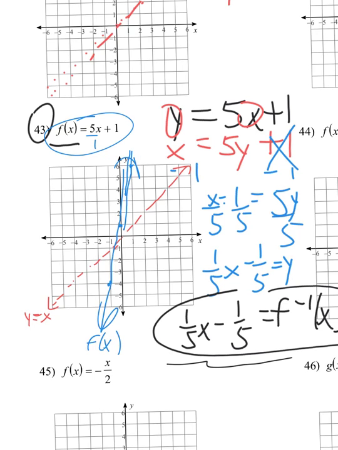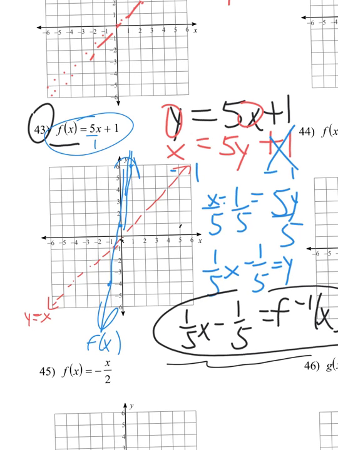And now we have 1/5 x. Our inverse function is 1/5 x minus 1/5. So it's at negative 1/5. So we're a little bit below the origin. And we're going to rise 1, run 5. So if I went up 1, right 5, I'd be right over here.